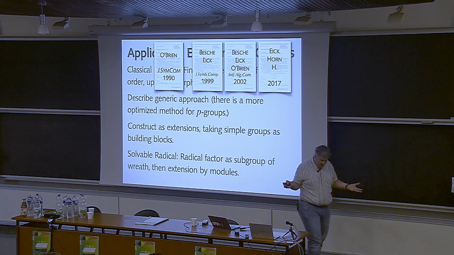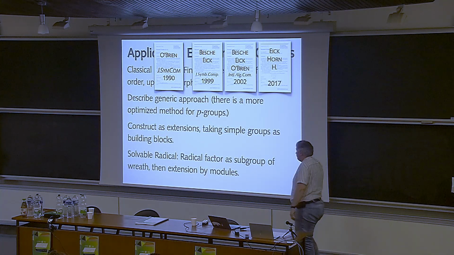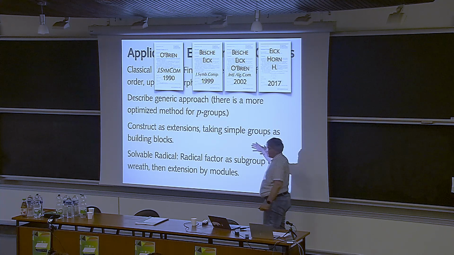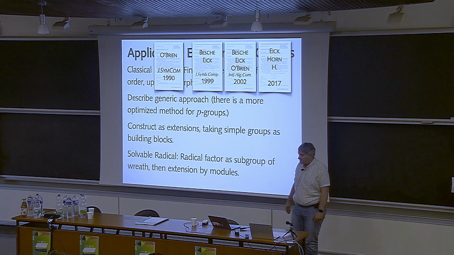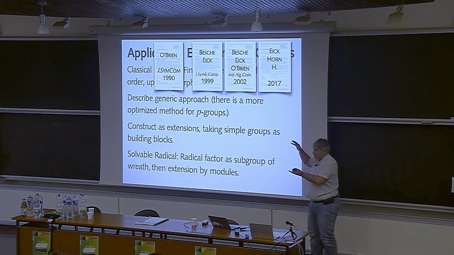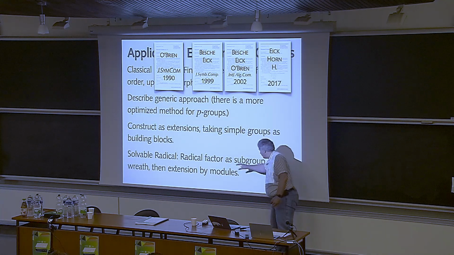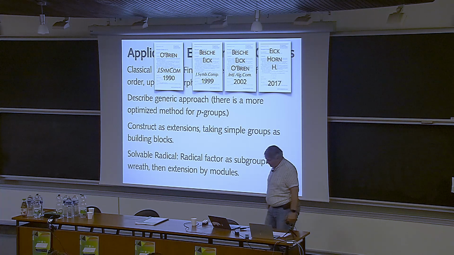Our seeding input is simple groups, because they can't be formed as extensions from something smaller. It's again basically the idea behind the solvable radical. Each group is an extension of something of much simpler structure, pun intended, with a module or modules underneath.